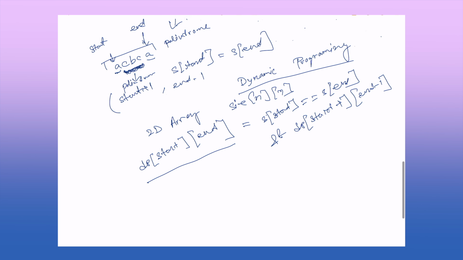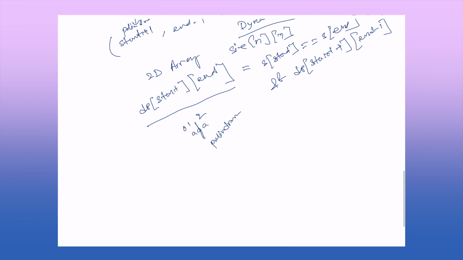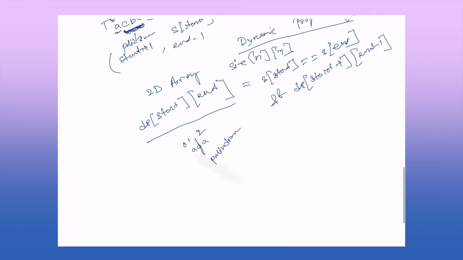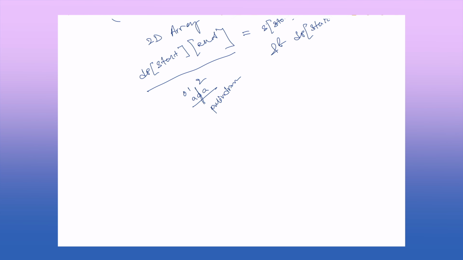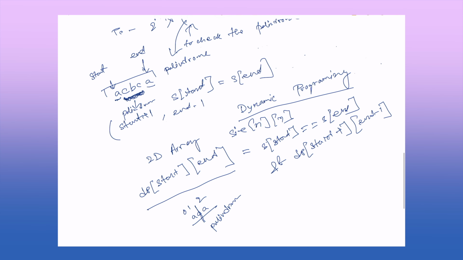Okay, now let's have a string like this. This particular character is palindrome, this is 0 1 2. If this is palindrome, then the entire string will be palindrome, like we have discussed.